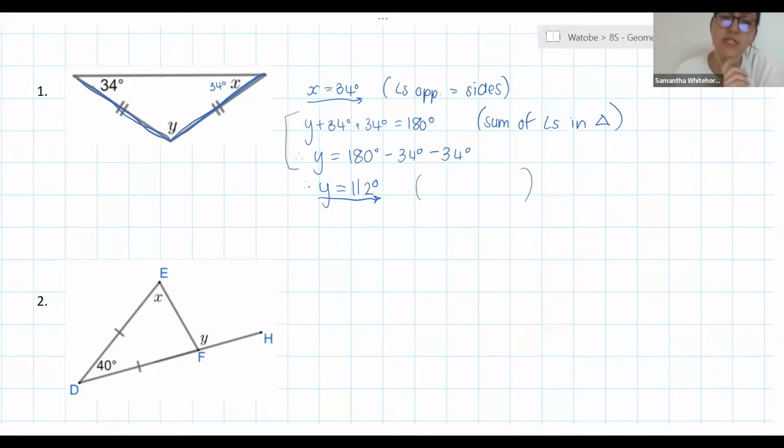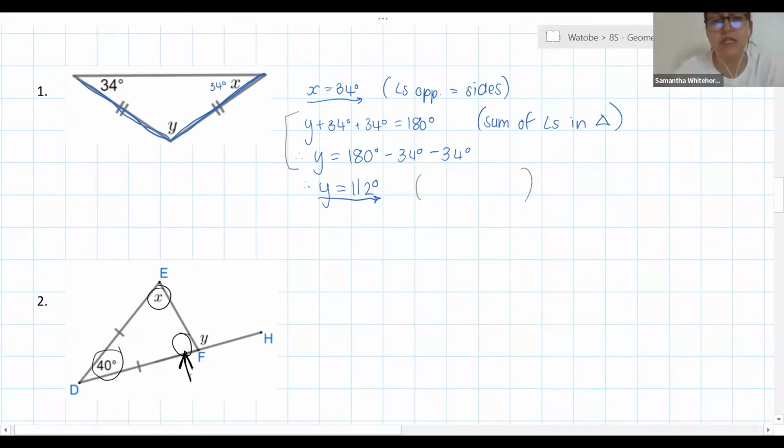Why x plus 40? Why only those two? Because remember, if we're going to make it equal to 180, we need all three angles in my triangle. Do you agree with me? Yes, ma'am.